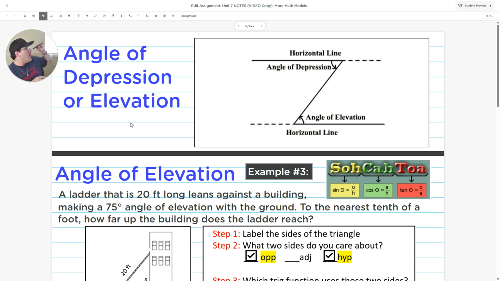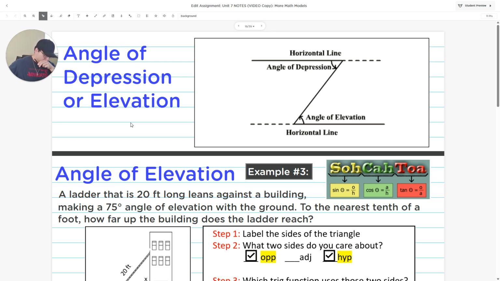Well, if you look up, that's going to create an angle of elevation to the thing that you're looking up at in the sky. If you're looking down, that's then going to create an angle of depression to that particular object.